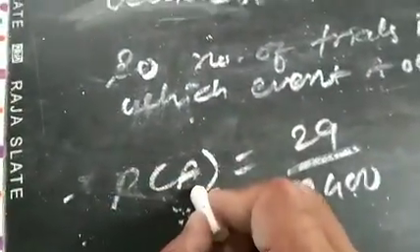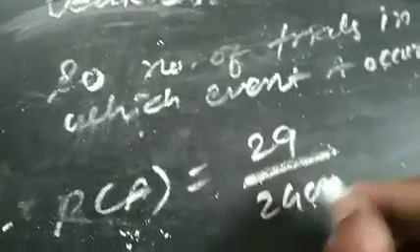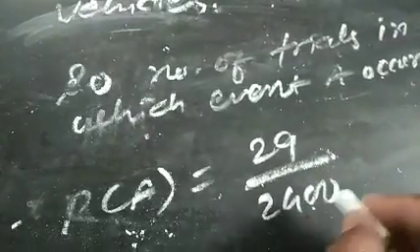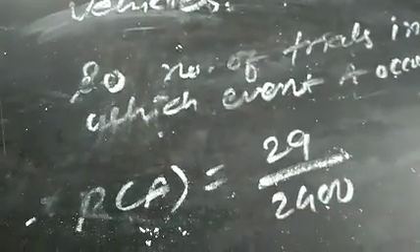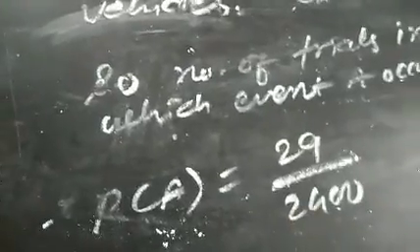So the number of trials in which event A occurs is 29. So P(A) is equal to 29 upon 2400. This is the answer for this probability.